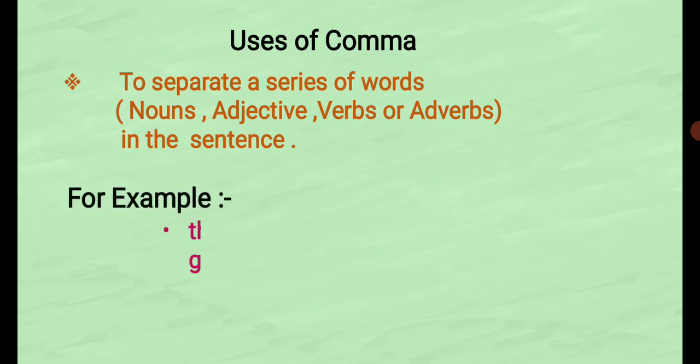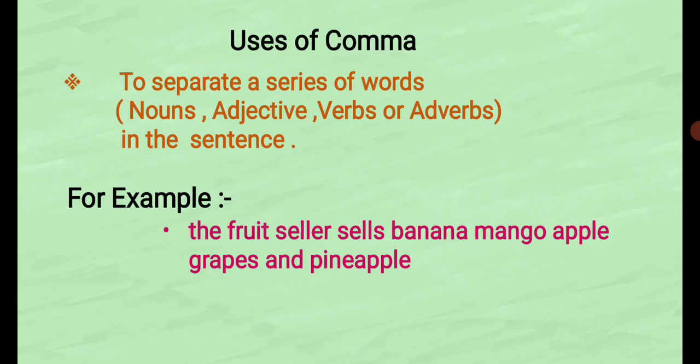Let's see the example. The fruit seller sells banana, mango, apple, grapes and pineapple. Here the fruit seller is one person and he sells so many fruits. Which are they? Banana, mango, apple, grapes and pineapple. So there are more than 2 or 3 fruits here.